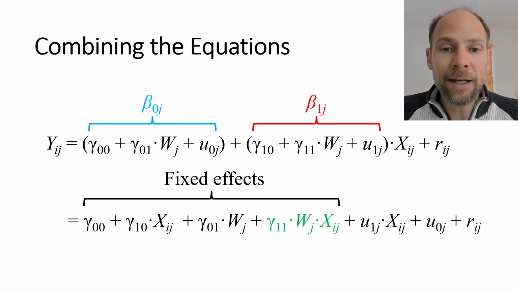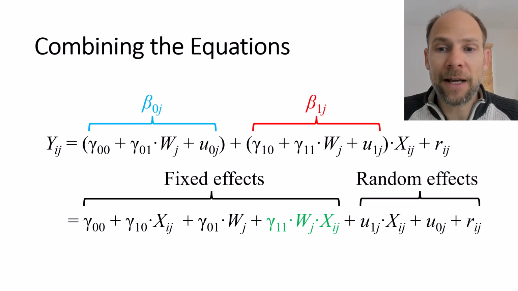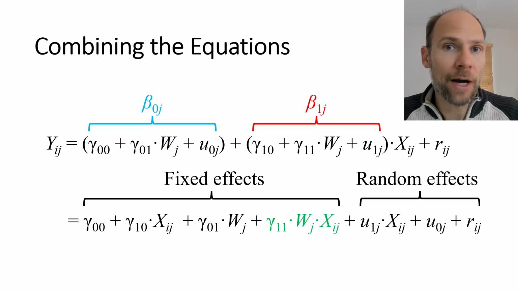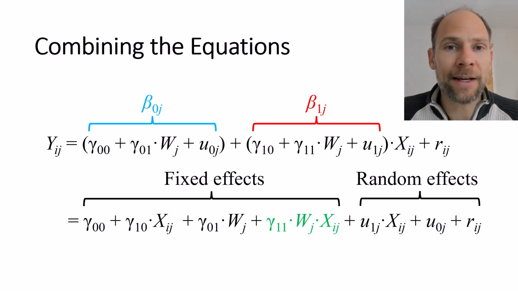And here at the end we have random effects that involve the U and R terms, which are residuals. The U terms are the level 2 residual or error terms, and the R term is the level 1 residual or error term. Those are not so interesting for us right now.